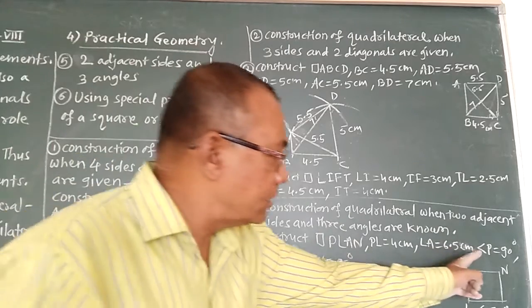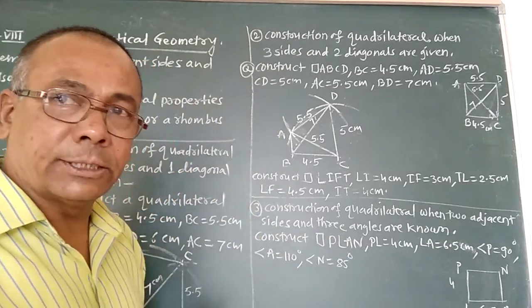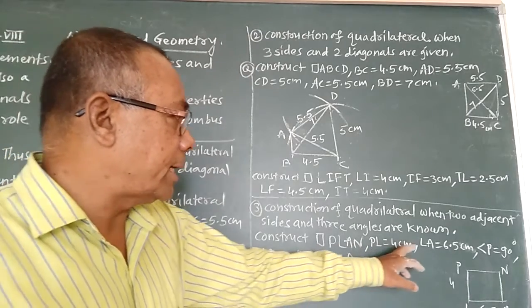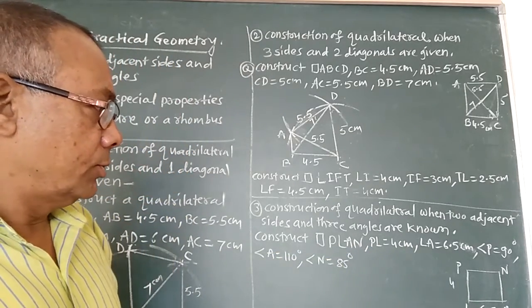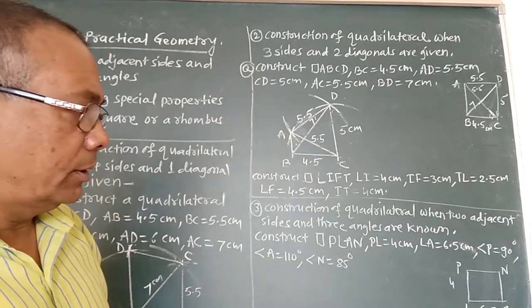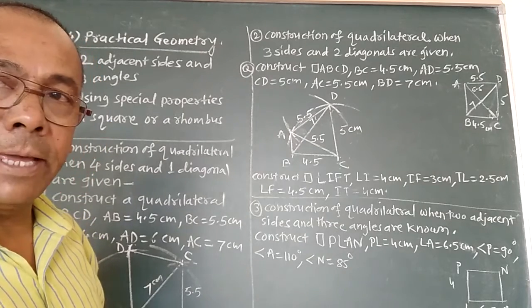Here three angles P, A and N are given and two sides are given. So first of all we will draw the rough diagram.